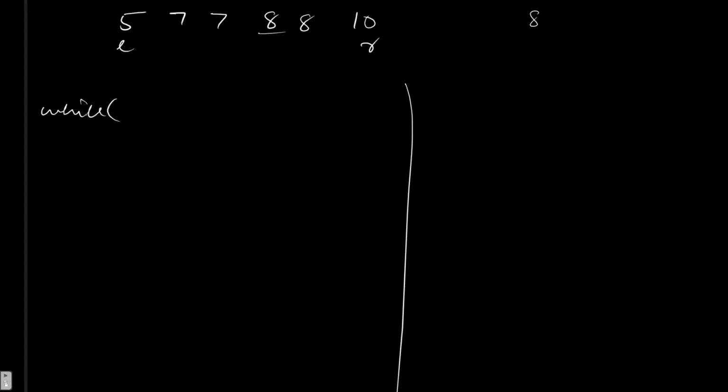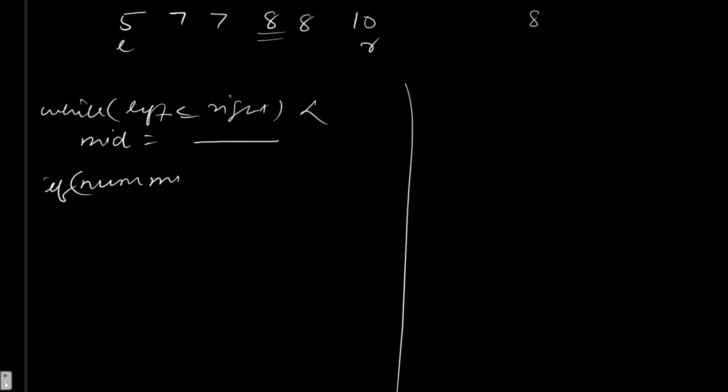We have to find only the first occurrence, so we'll loop until left is less than or equal to right, and we find mid the same way that we do in all binary searches. With indexes 0 1 2 3 4 5, 0 plus 5 by 2 means index 2 is going to be our mid.